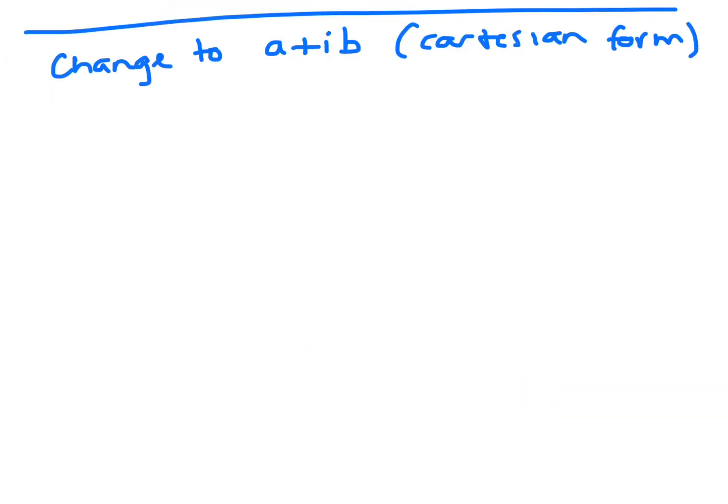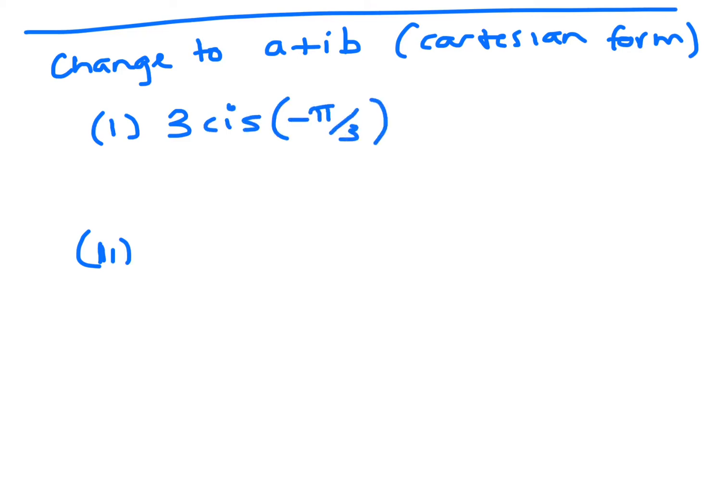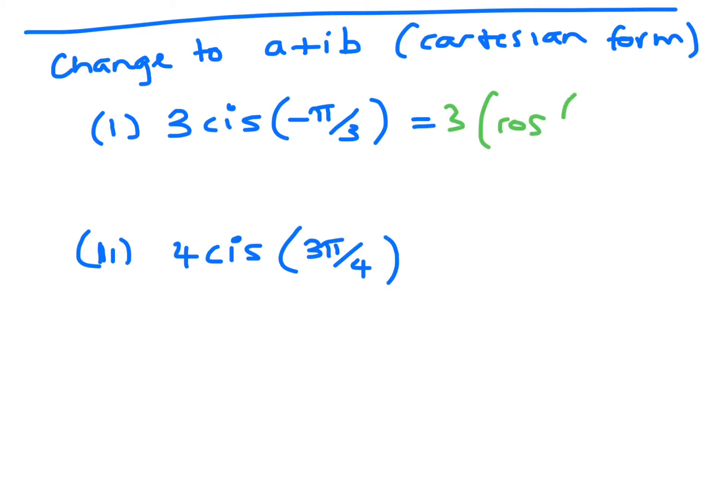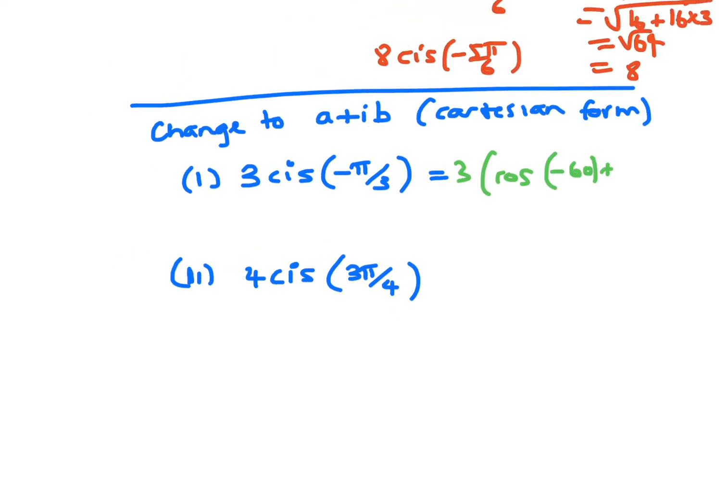So just changing things back to Cartesian form, we'll just look at 2 of them. So let's go cis minus pi on 3 and 4 cis 3 pi on 4. When we're figuring this out, that's going to be 3 cos. Now, minus pi on 3 is the same as minus 60.